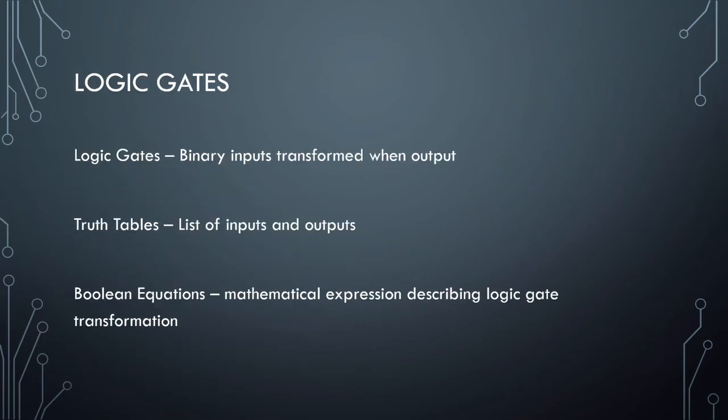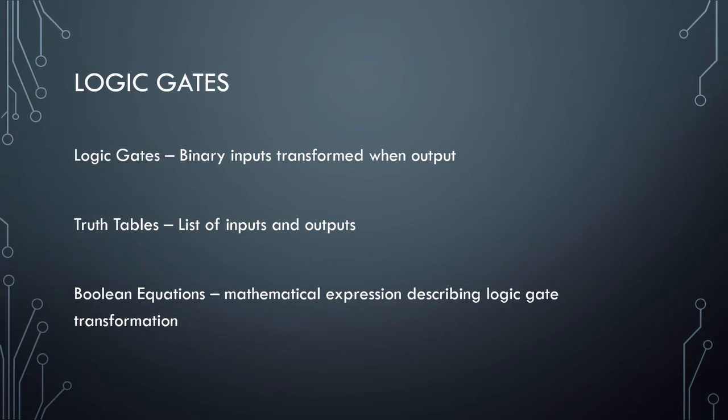Now that we've had a very long conversation on 2's complement and signed binary numbers, we are going to jump into logic gates. So logic gates are binary inputs that are transformed in some manner when they're output. And we'll look at some illustrations of this in just a second.